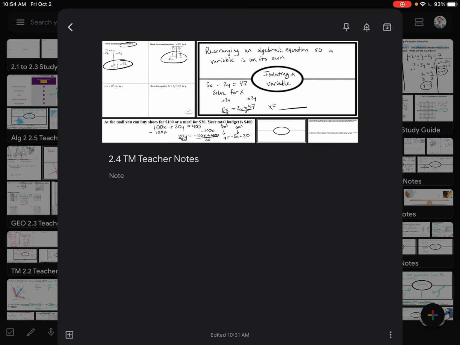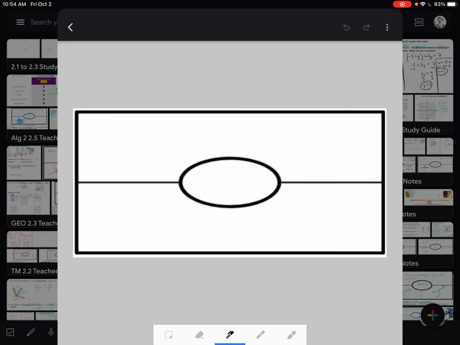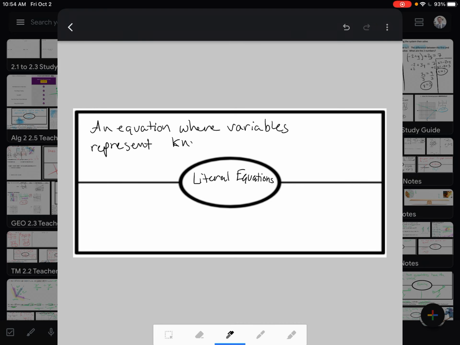All right, one more definition for today. We are looking finally at literal equations. And we actually just looked at a few of them. So this is an equation where variables represent known values.